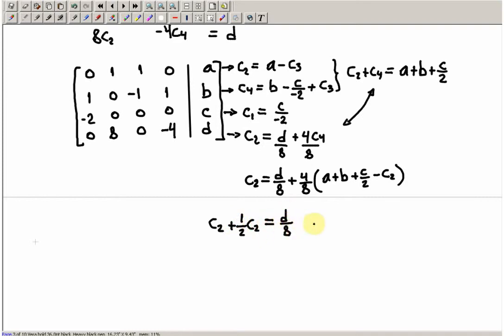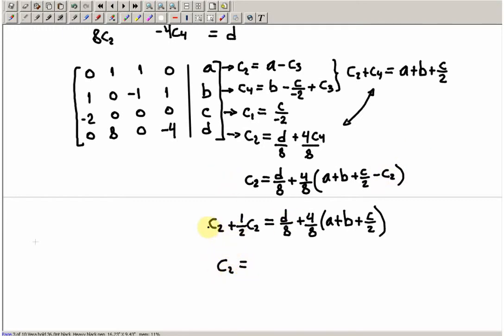So 4 of 8, this is 1/2, I should have written 1/2. And then A plus B plus C over 2. Okay, so this term is going to the other side. It's 4/8 times negative C2, and then I move that to the other side. Okay, here's C2.